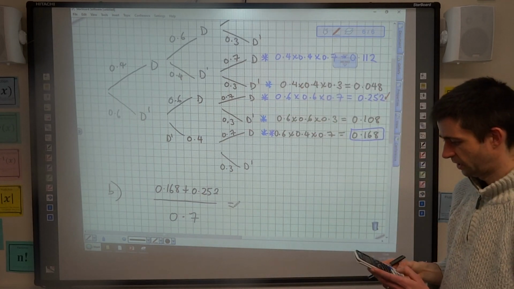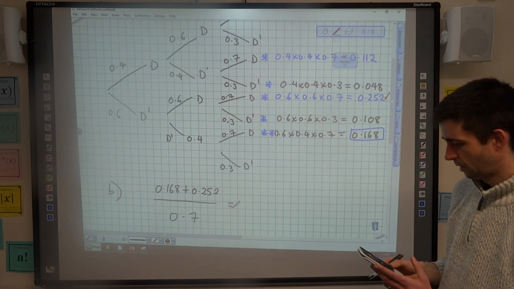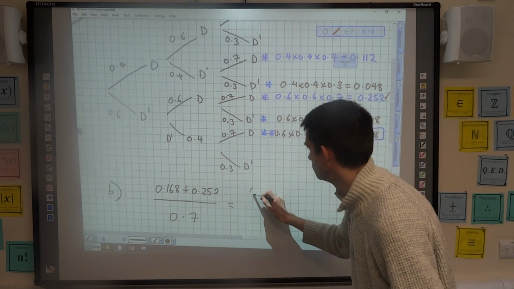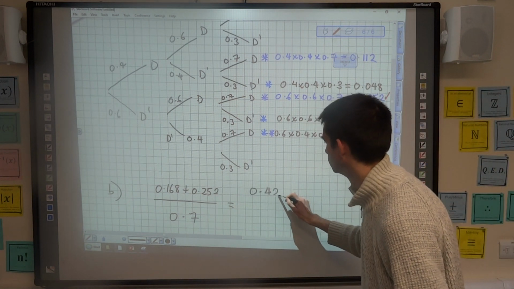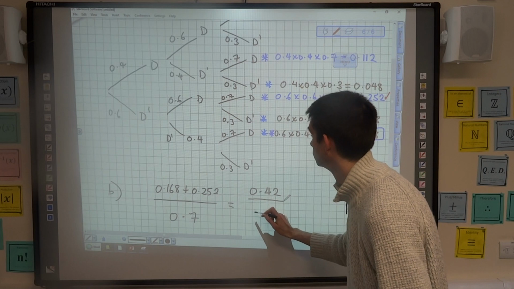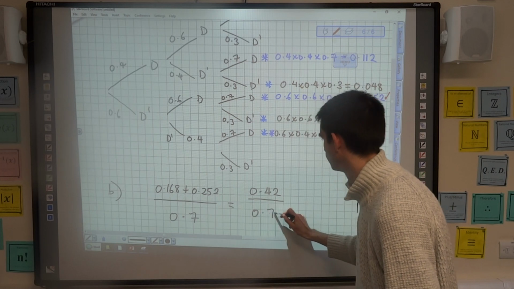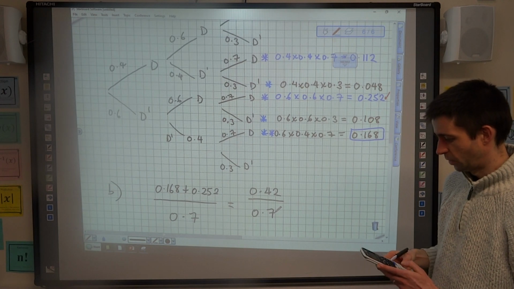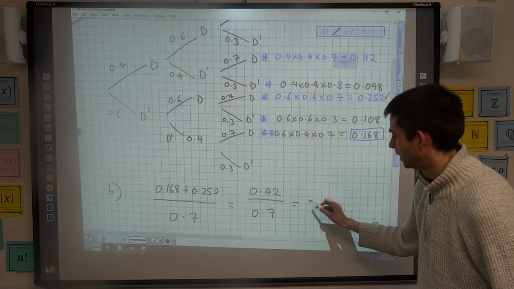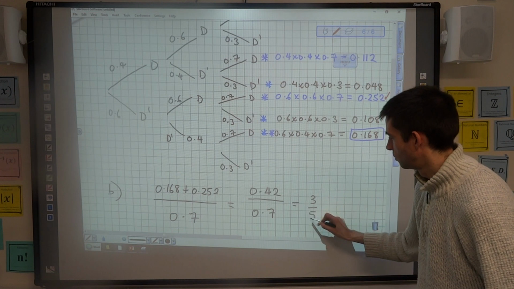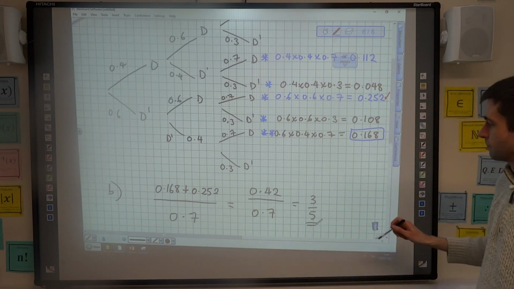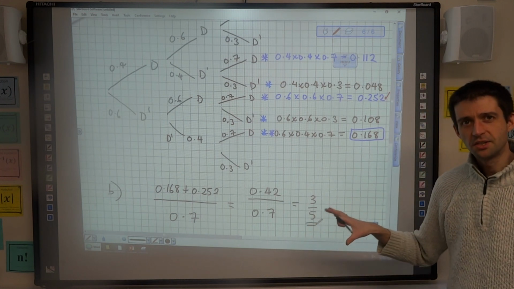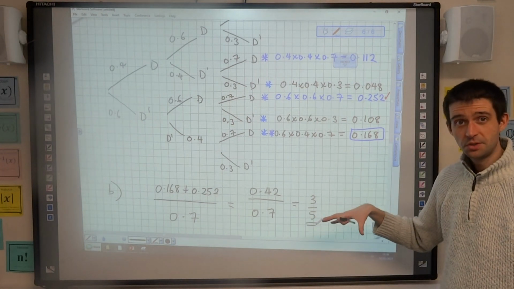So 0.168 plus 0.252, which is 0.42. So we end up with 0.42 over 0.7, which comes out rather beautifully as 3/5. So the probability that he was delayed at the second roundabout, given that he was delayed at the third roundabout.